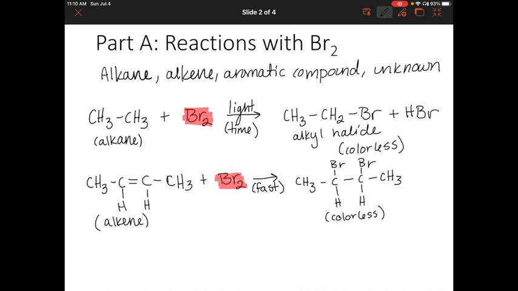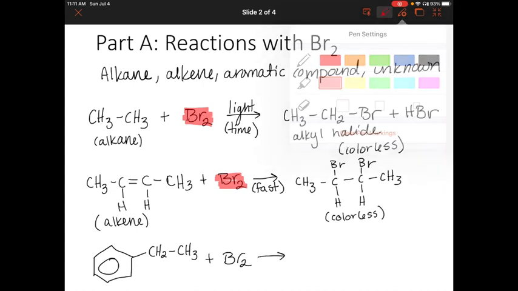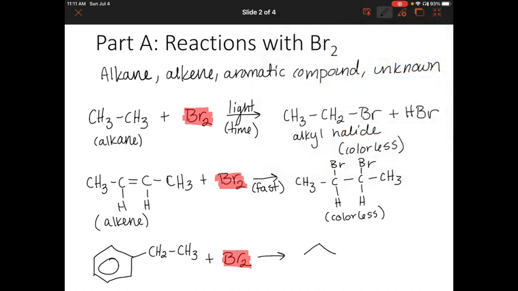Now finally, our aromatic compound, let's show a reaction with ethyl benzene. So again, bromine starts out as a reddish orange color, but after the reaction takes place, everything will be colorless.